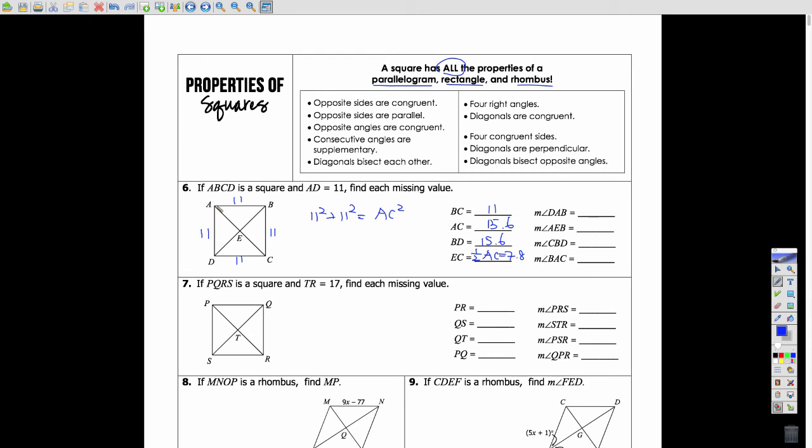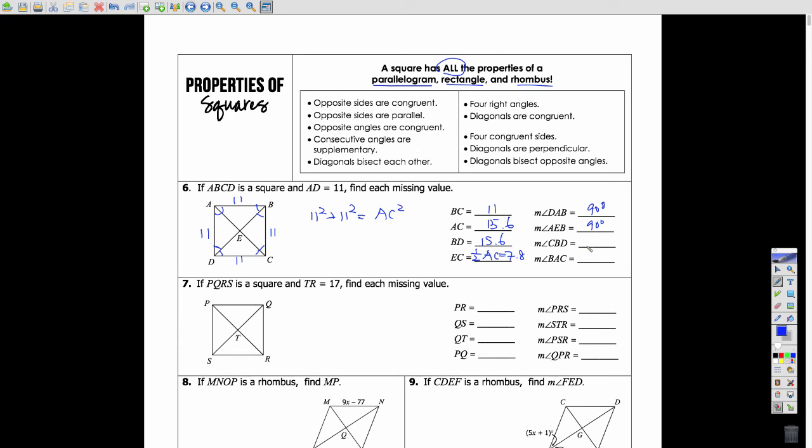Angles, because all the angles in the corner are 90 degrees, and these diagonals would bisect all the 90-degree angles. So all the angles that are split by the diagonal are 45 degrees. So if we have angle DAB, that would be 90. Angle AEB is 90.